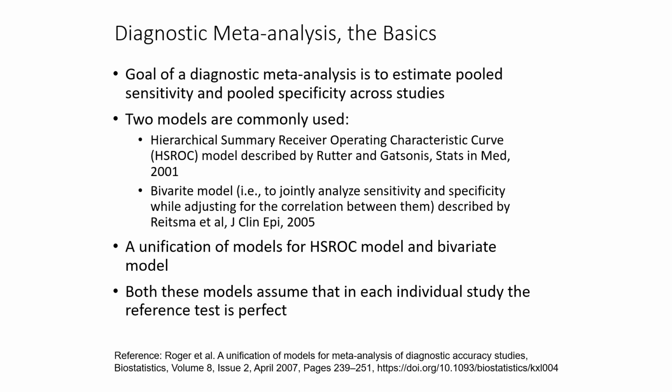The bivariate model allows inclusion of covariates that affect sensitivity or specificity or both, while the HSROC model allows covariates that affect accuracy or threshold parameters or both. Therefore, when including covariates, the two models would be different.